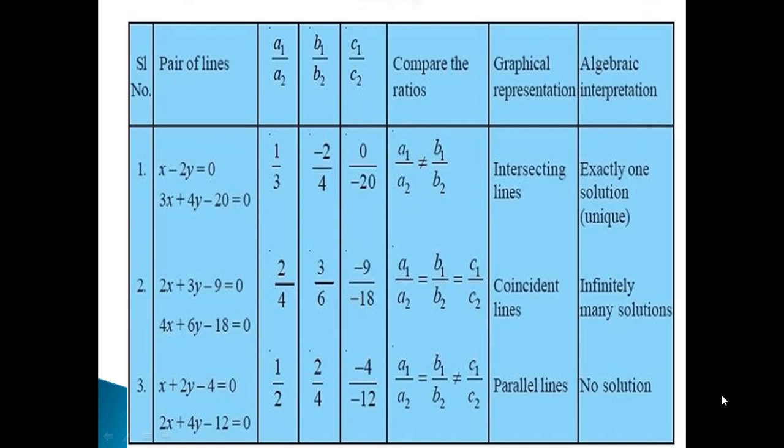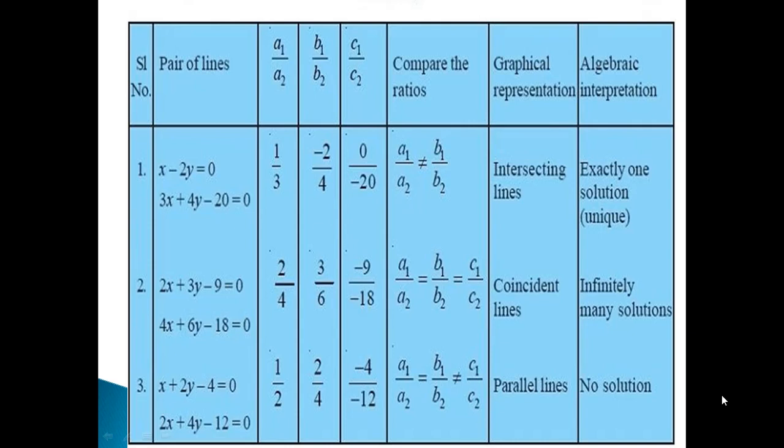Compare the ratios a1 by a2, b1 by b2, c1 by c2. We are deciding whether the lines are intersecting or parallel lines or coincident lines, and also we have to decide whether the equations have one solution or unique solution, infinitely many solutions or no solutions.